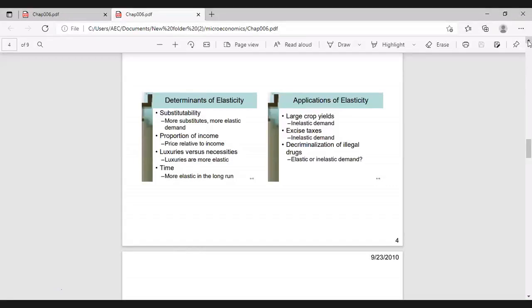So if the price of a product is a smaller portion of income, then if that product's price changes, we respond less.